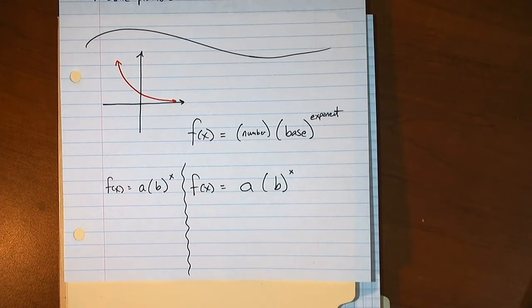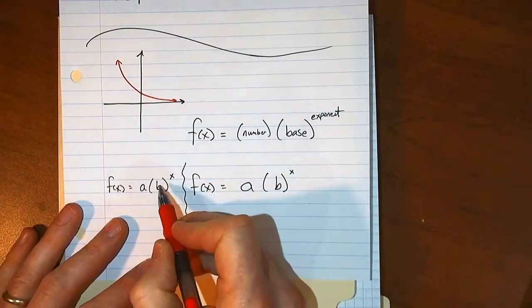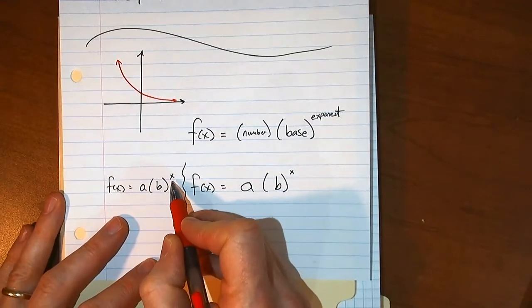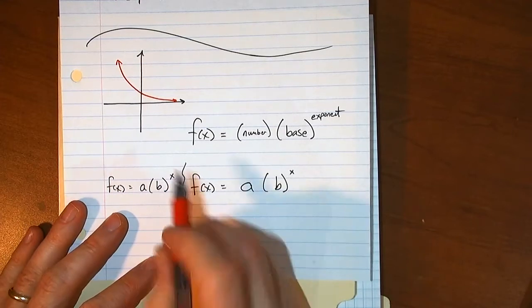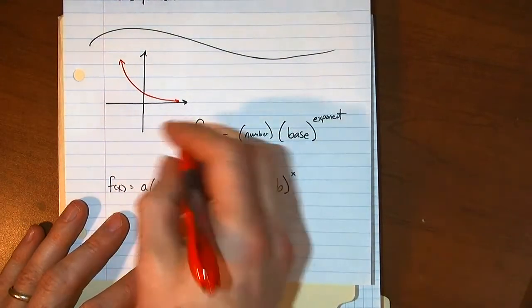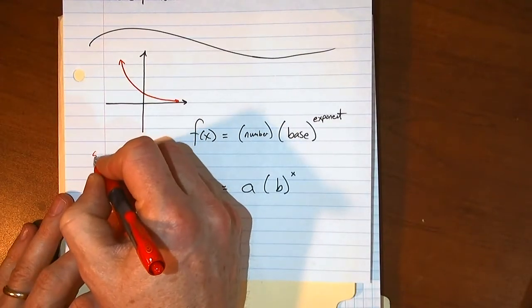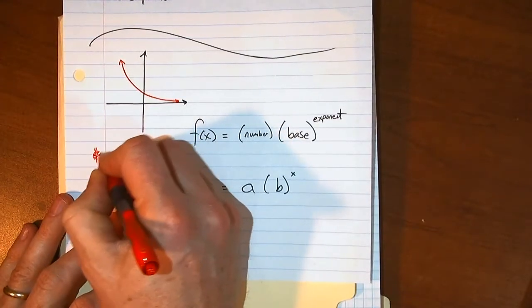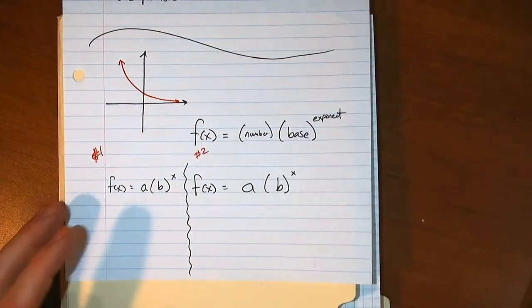I think in certain applications, maybe in some science classes, this might not be more common. But in our class, it'll probably be more common. We will tend to have a scenario where the exponent does not have a negative sign, but the b value is less than 1. So that's the first situation that could happen. So I'm going to call this type number 1, situation number 1, and type number 2, situation number 2.